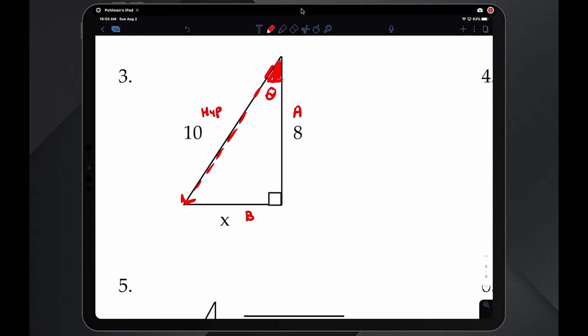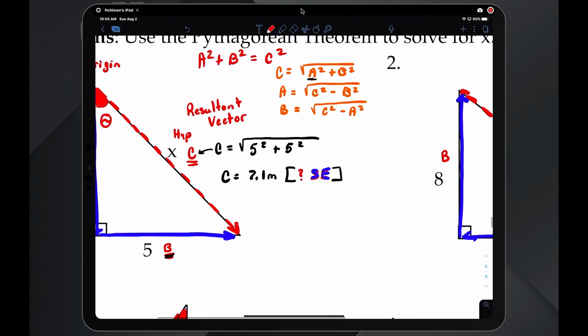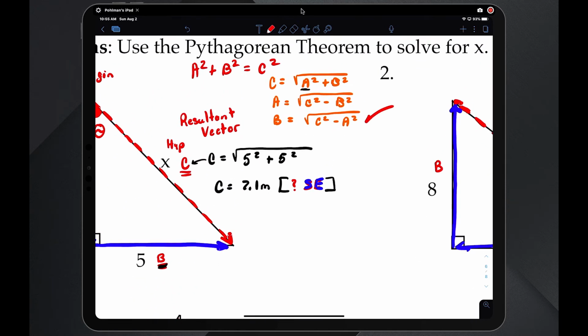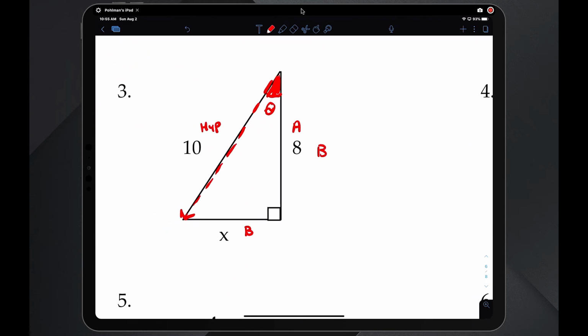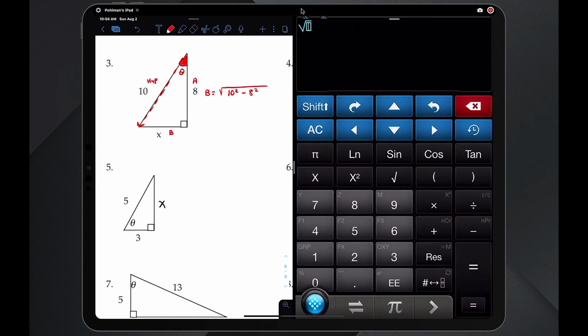If we're trying to find b, looking back up at our formulas, I have to use this one right here: the square root of c squared minus a squared. So b equals the square root of 10 squared minus 8 squared, which equals 6.